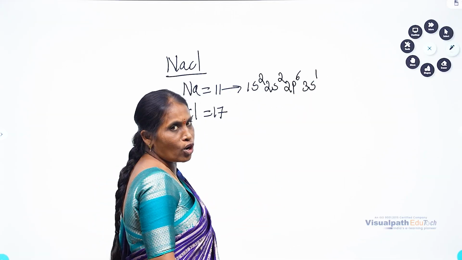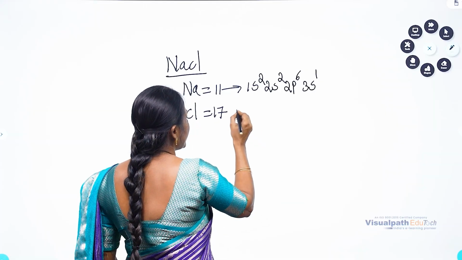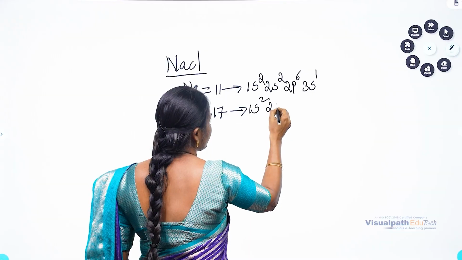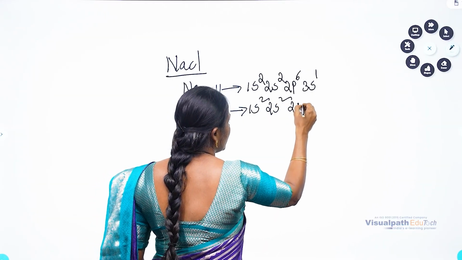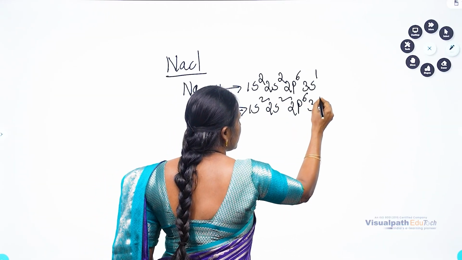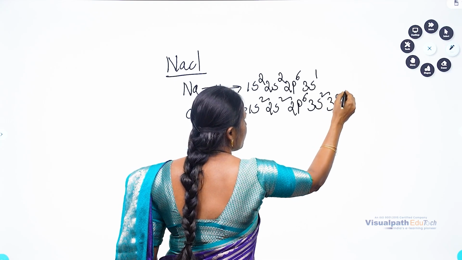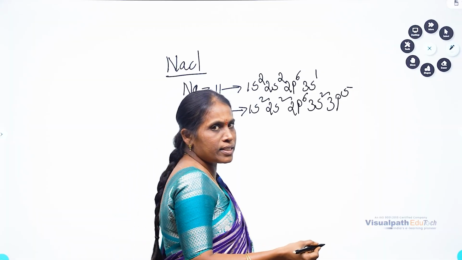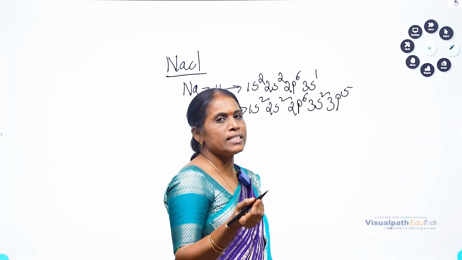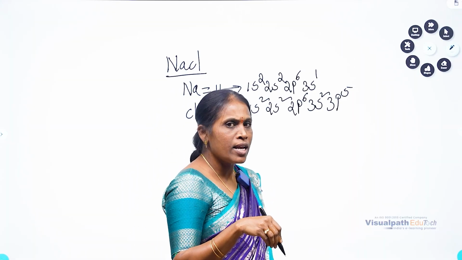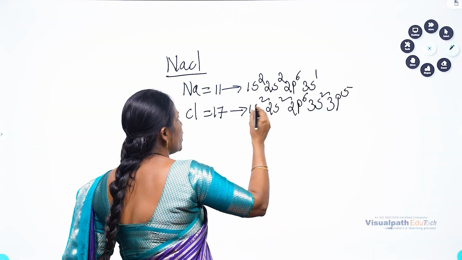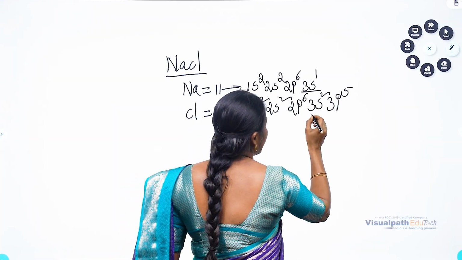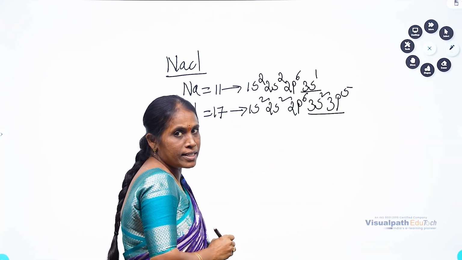Next is chlorine, its electronic configuration is 1s2, 2s2, 2p6, 3s2, 3p5. Now we see the valence shell. What is the valence shell? The last shells with the same energy level are known as the valence shells. For sodium, 3s is the valence shell, and for chlorine, 3s and 3p are the valence shell.